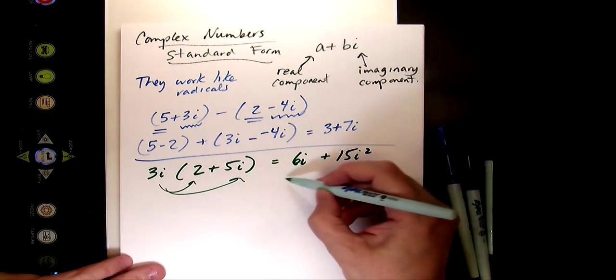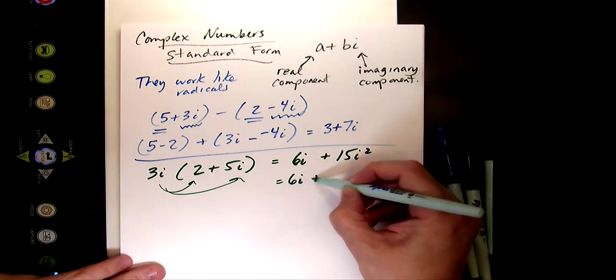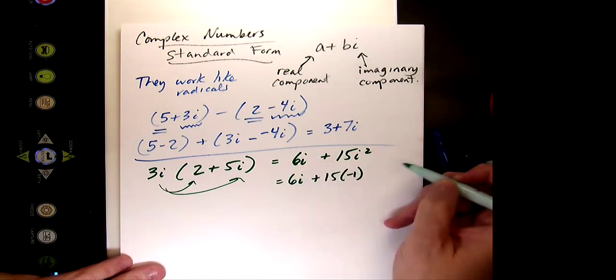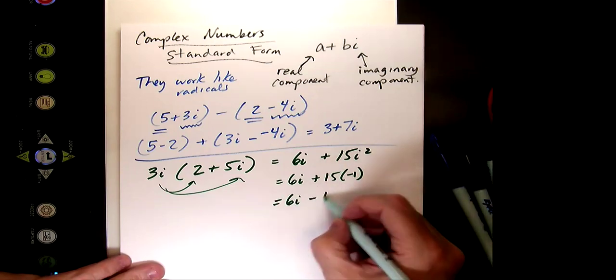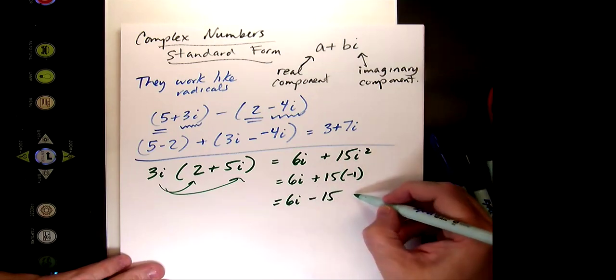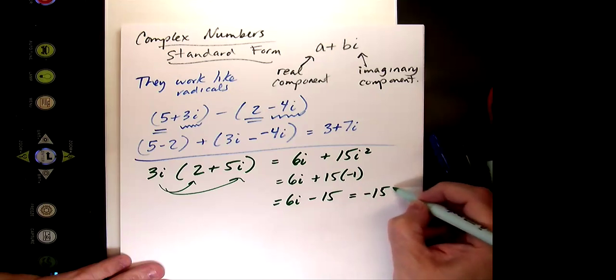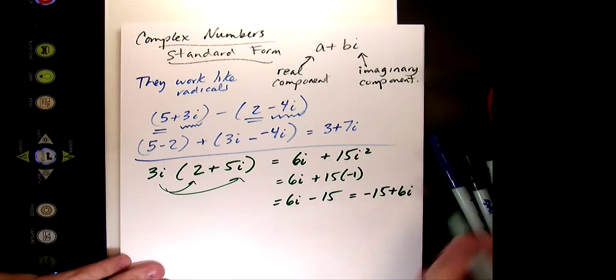But i squared is -1. So this is 6i minus 15. And to write it in the normal form, we do it the other way around: -15 plus 6i.